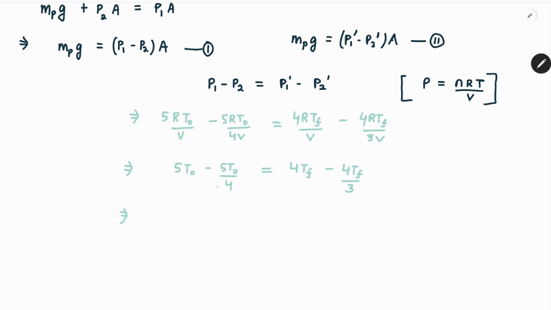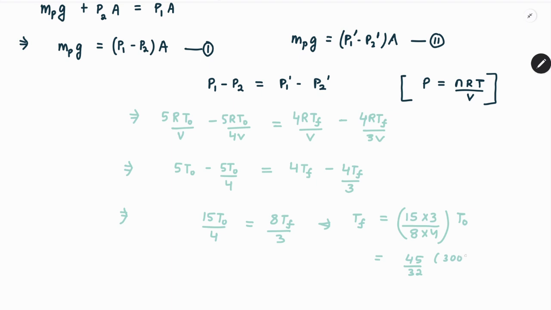Over here we get 5 into 4, 20, 20 minus 5 is 15 T naught by 4, which is equal to 12 minus 4, that is 8 T final by 3. Hence from here we get the final temperature as 15 into 3 by 8 into 4 T naught, so 45 by 32 times T naught, and T naught being equal to 300 Kelvin.